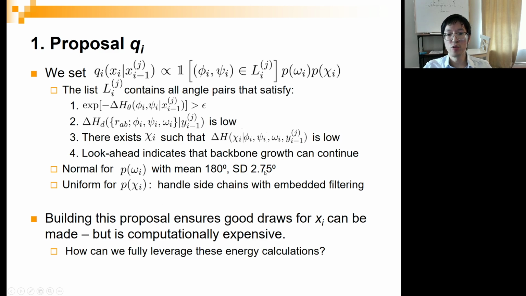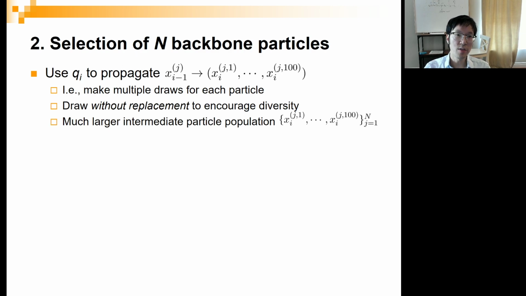But if we draw too many, since we're constructing many of these draws for angles, how should we make good use of them in our energy calculations? That's the second adaptation that we've made for using sequential Monte Carlo for this method. From the proposal, we draw a lot of these potential continuations of the protein segment construction.